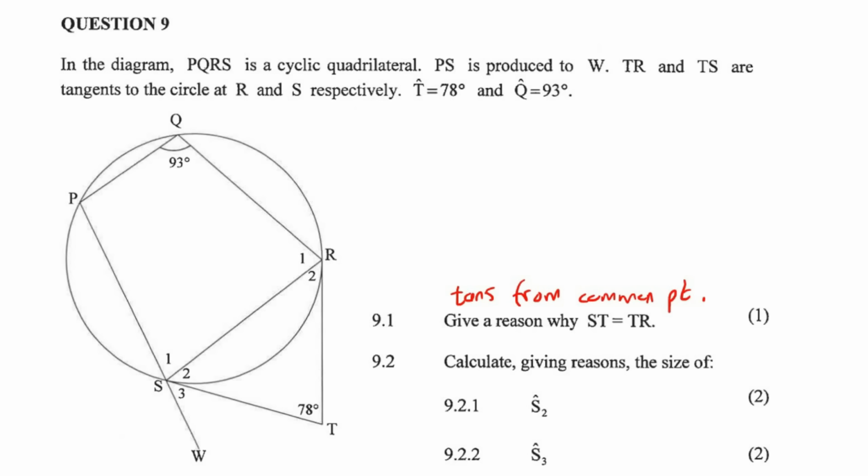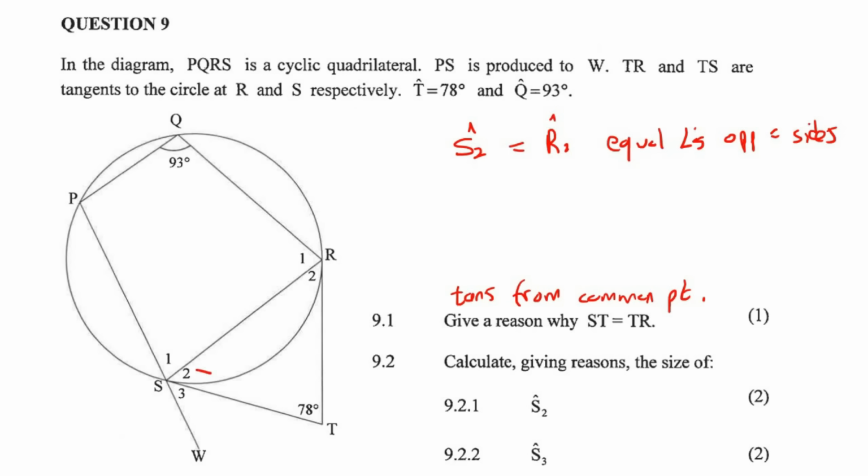Okay, well this one's pretty easy because in this triangle, that is going to be an isosceles triangle because we have just shown that these two sides are already the same. So we already know that ST is equal to TR, so we can say that angle S2 must be the same as angle R2 because of equal angles opposite equal sides.